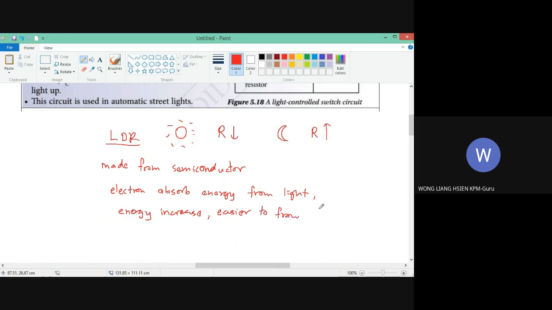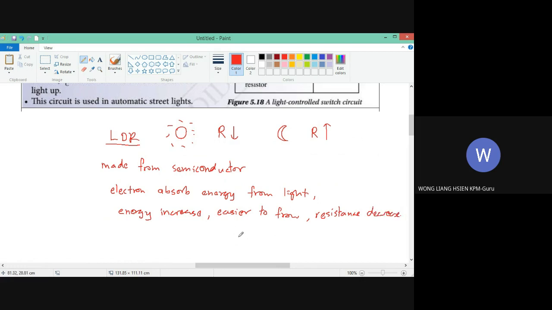Or you can say that the number of free electrons increases. We have more free electrons, so it is easier to flow, and the resistance decreases.